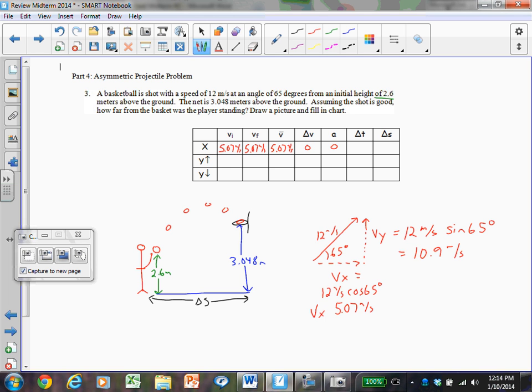The initial y up, we have that. It's 10.9. We also know that this is minus 10. We don't know the initial, we'll have to put other stuff in.